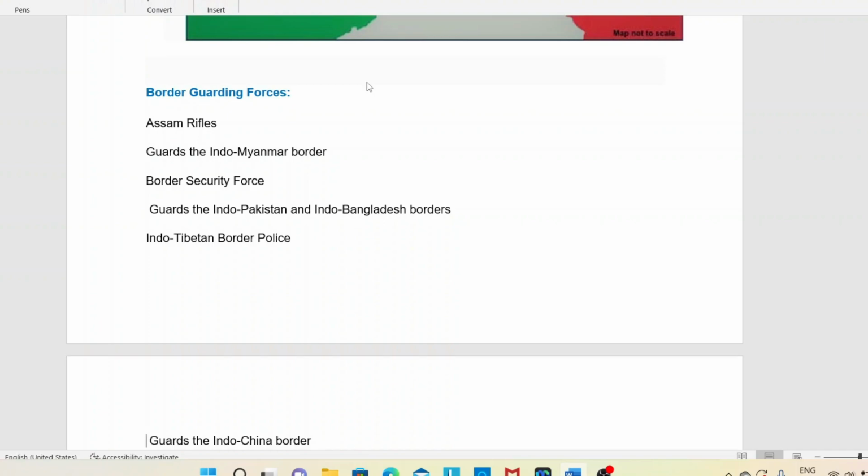Let's see some border guarding forces in different states with different countries. In Assam, it is the Assam Rifles, which guards the Indo-Myanmar border, and the Border Security Force guards the Indo-Pakistan and Indo-Bangladesh borders.